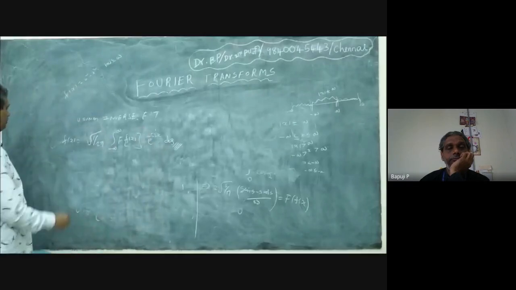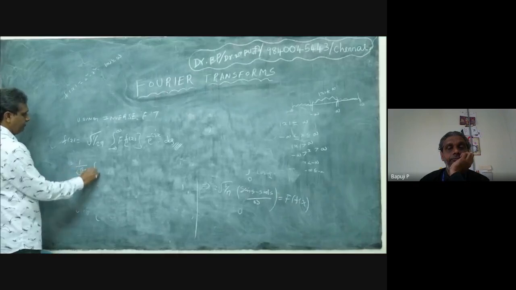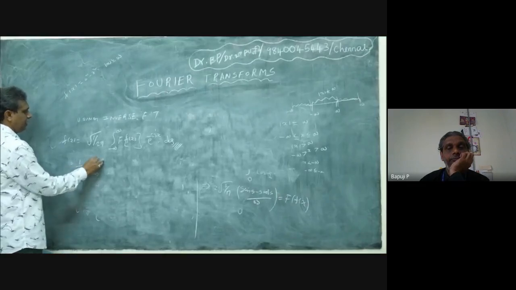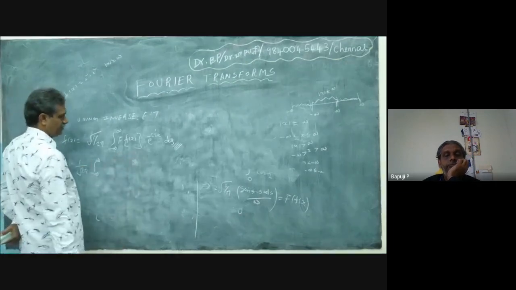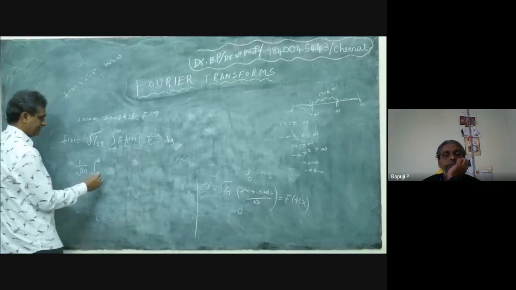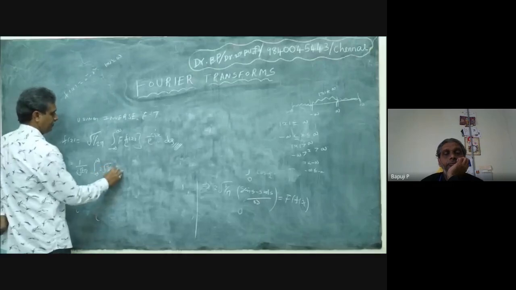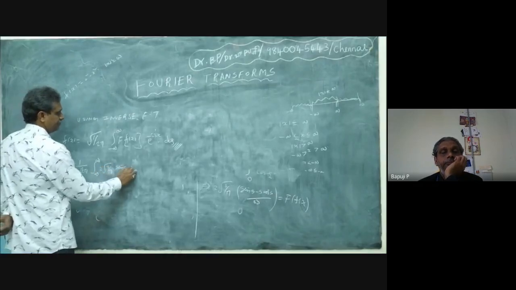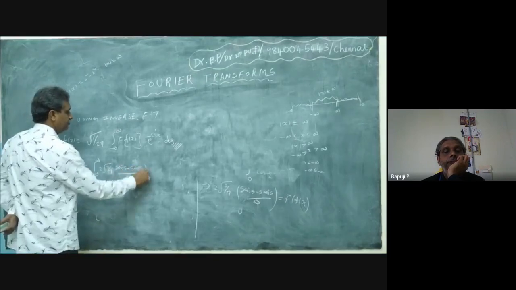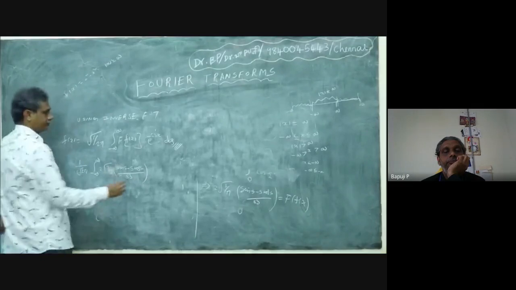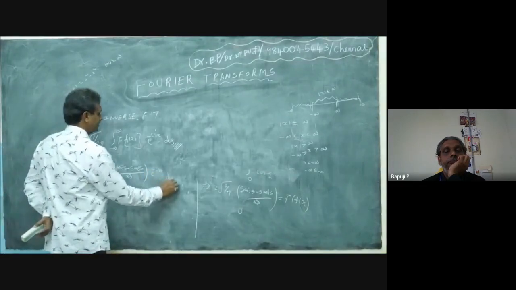So what I will get is 1 by root 2 pi, integral from minus infinity to infinity, with the factor 2 root 2 by pi, sin s minus s cos s by s cube, e power minus isx ds.